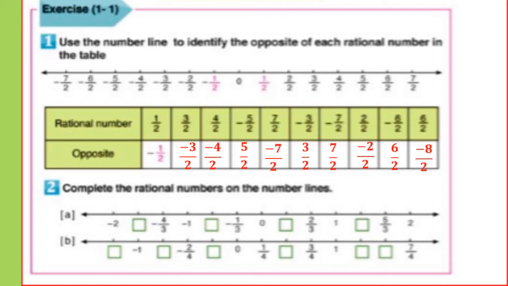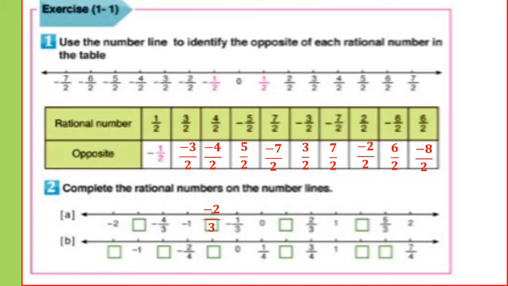And number 2, complete the rational numbers on the number lines. In this number line, we have the denominator equals 3. So the first number between 0 and -1/3 is -1, which equals -3/3.